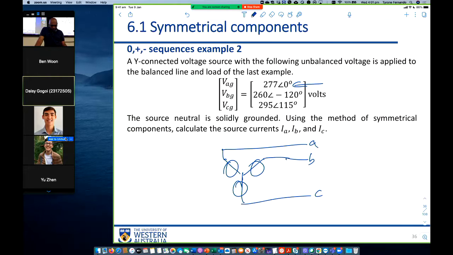The source neutral is solidly grounded, so there is no impedance; the value is 0. Using the method of symmetrical components, calculate IA, IB, and IC.